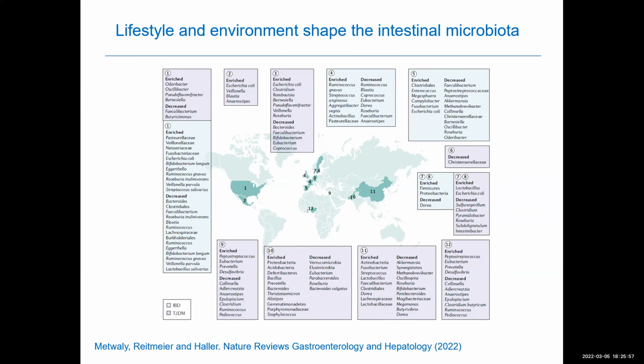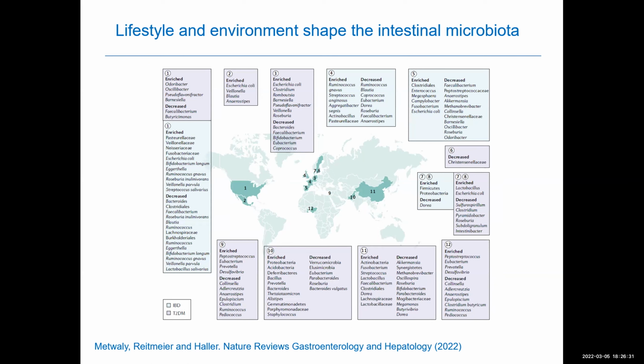These changes are, of course, driven by many factors, including genetics and diet, which is the dietary habits in each country, for example in industrialized countries compared to rural areas. And here also, the geography or the location has been identified as one of the major variables which contribute to changes in microbiome composition.